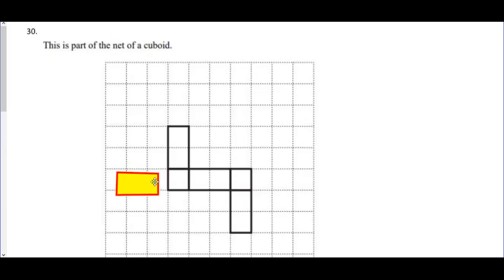You can either draw that face here or somewhere here. But not here, and not even here, because if you do that, I don't think that net will be able to close.